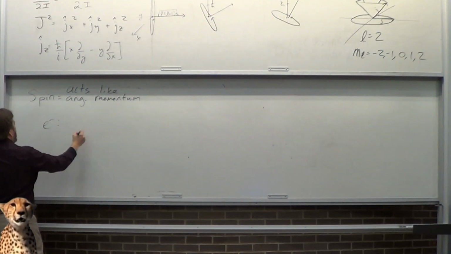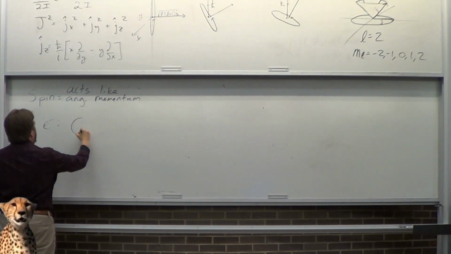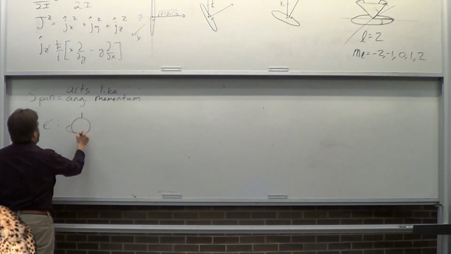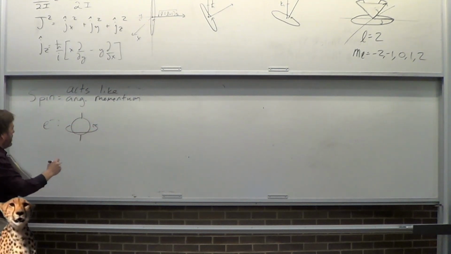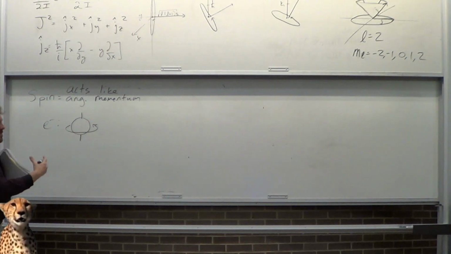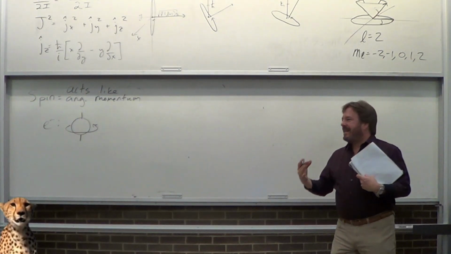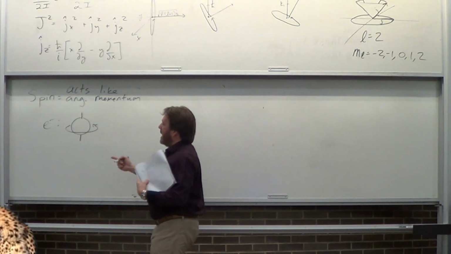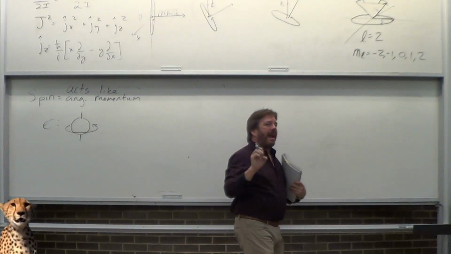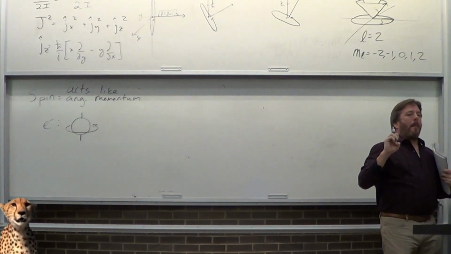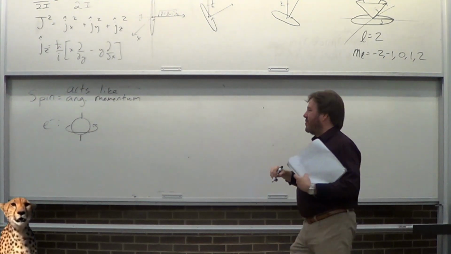An electron is a sphere. We think of these things as spherical, and it's spinning. Anyway, it is as though an electron has an axis and is rotating on it. But we're pretty sure that's not true.